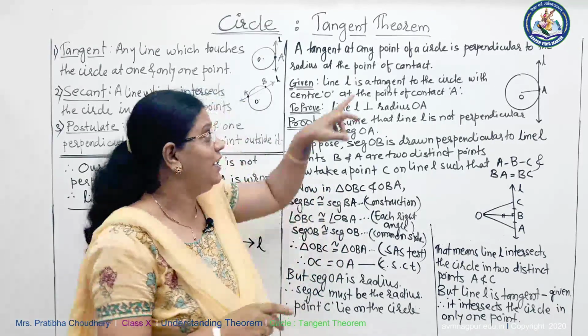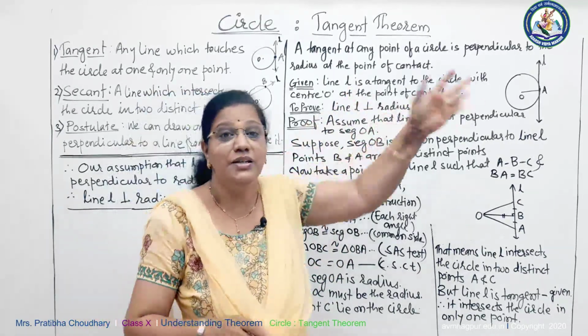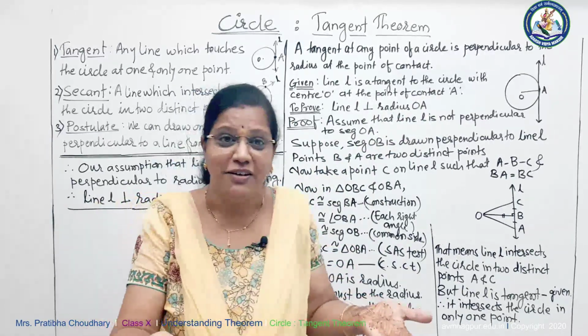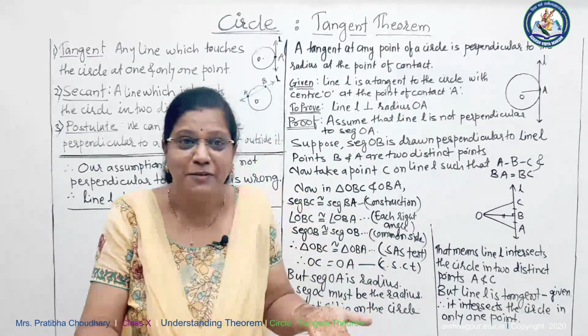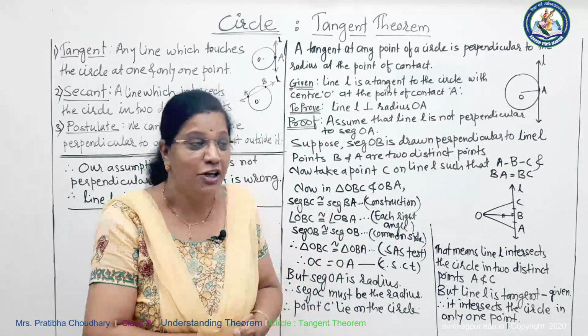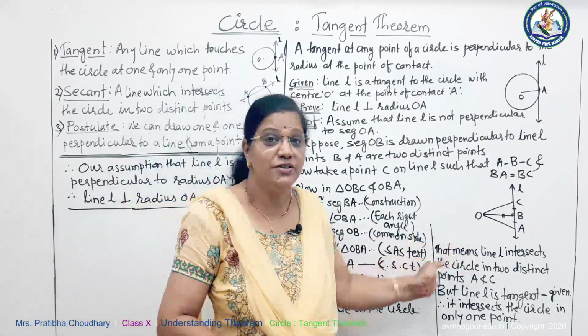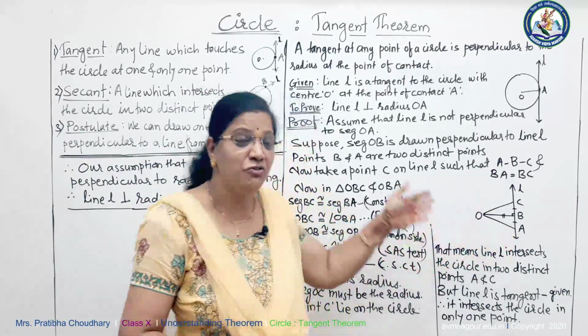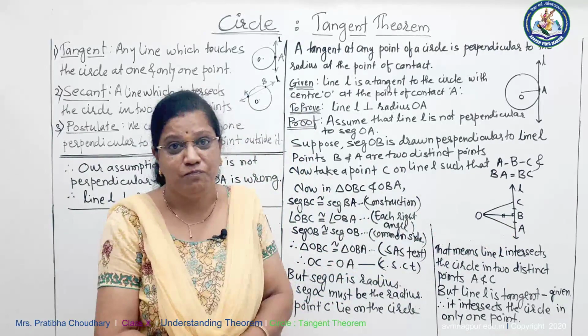But what is line L? It is given that line L is a tangent to the circle. And what is the definition of a tangent? A tangent touches the circle at one and only one point. Here we are getting two points which are common to the tangent and the circle. That means we reach a contradiction.